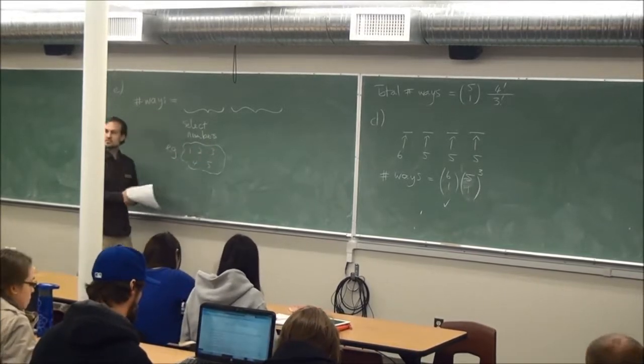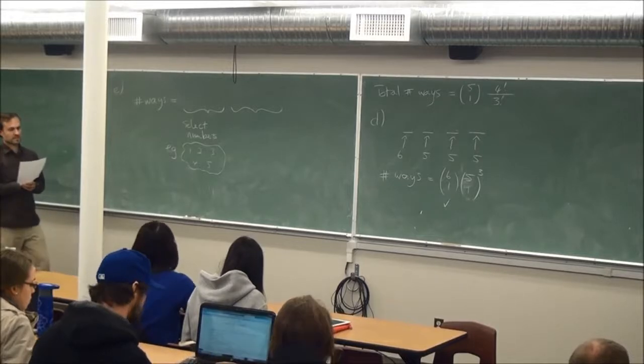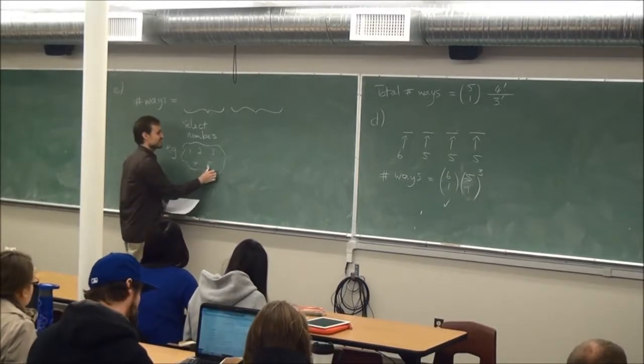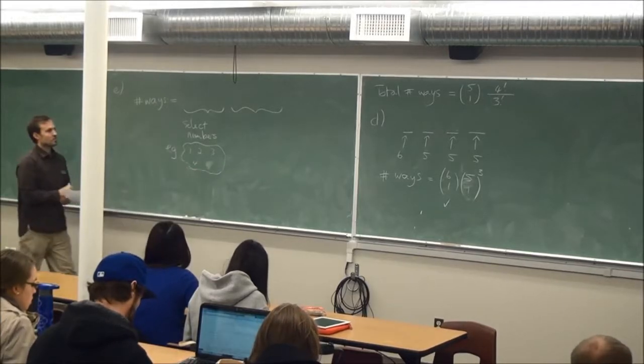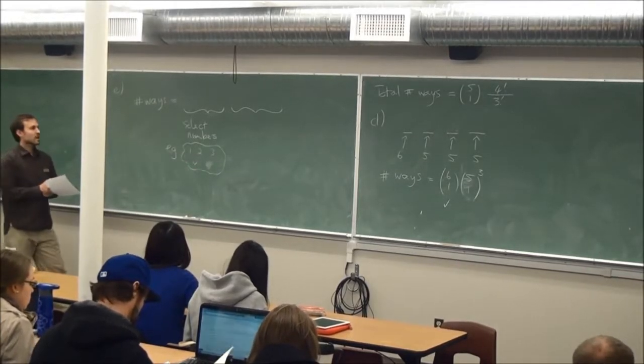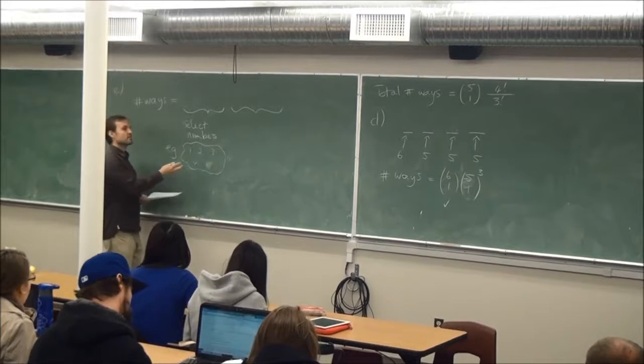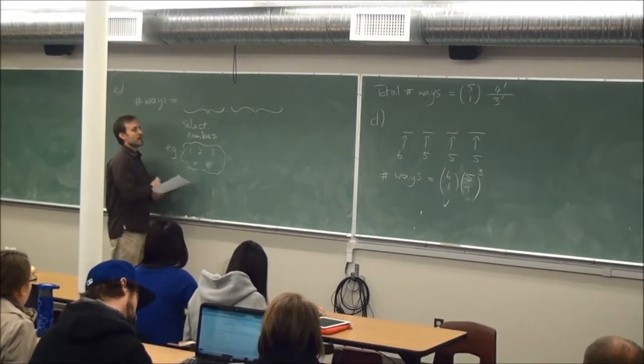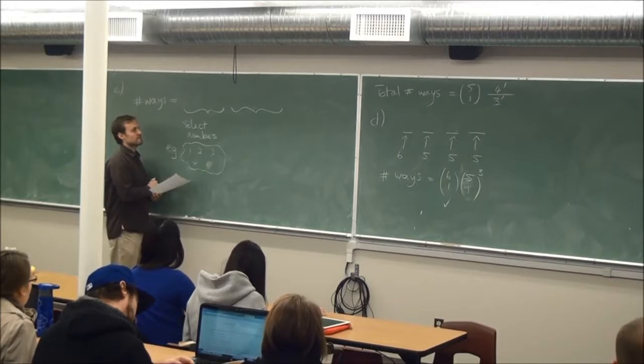How many numbers am I selecting? Only 4. You got a little excited. Just kept going. That's okay. 1, 2, 3, 4. How many ways can I select 4 numbers? How many numbers do I have available? 6.